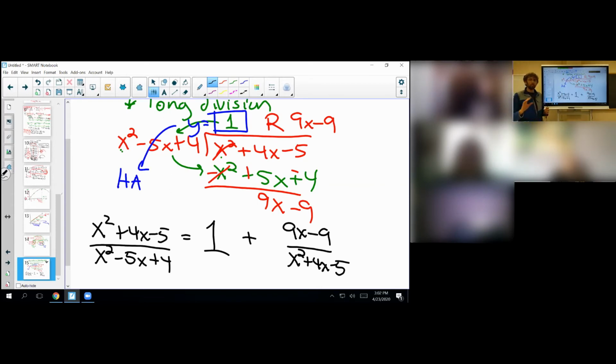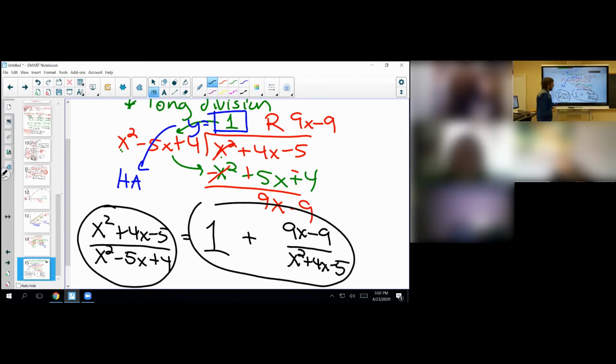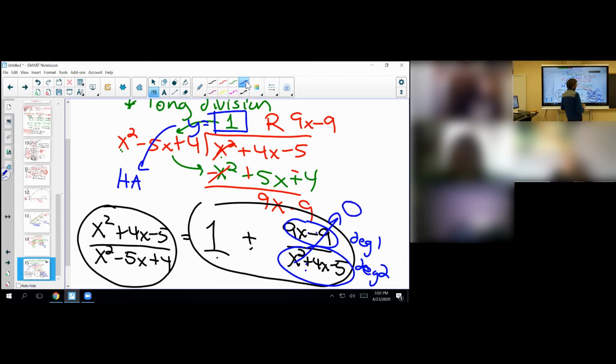Well, think about what happens when x gets really big. This rational expression, which is equal to this, when x is really big, you're going to get basically 1 plus, well, this is a linear function, degree 1, over something that's degree 2. Degree 2 is way bigger than degree 1. So since the bottom of this fraction is bigger than the top, this ends up approaching 0.